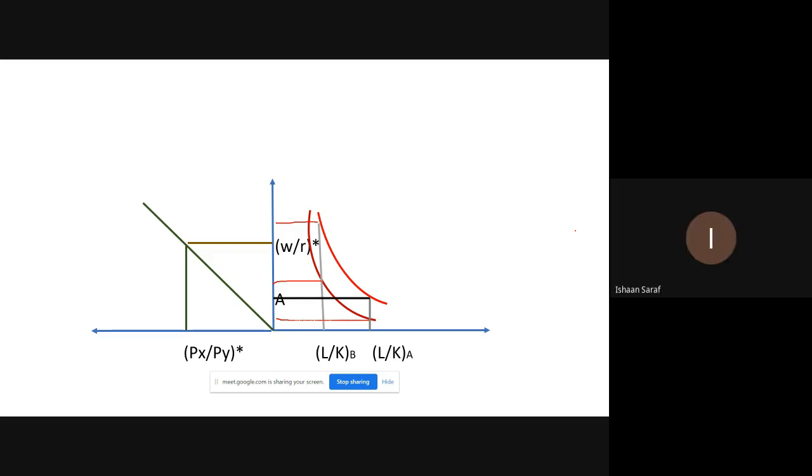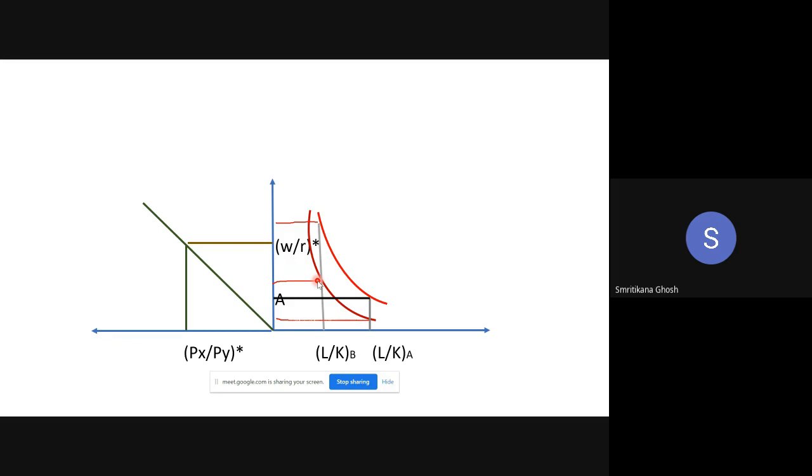Can it happen that W by R star and the upper and lower bounds just coincide? Yes, I can understand what you are talking. You are talking that W by R star is here, right? Yes, ma'am. In that case, both countries are going for complete specialization.